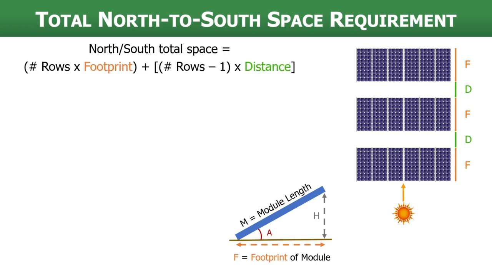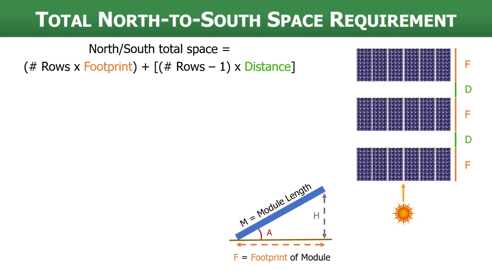So to determine the total north-south space, we take the number of rows times the footprint of a tilted module, and then we're going to add the number of rows minus 1 times the distance between rows. That rows minus 1 means we only have 2 gaps between our 3 rows in this example.